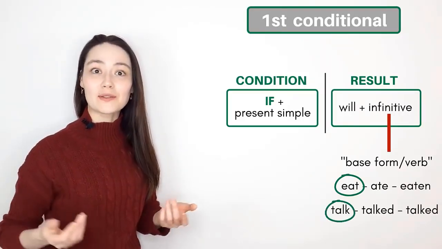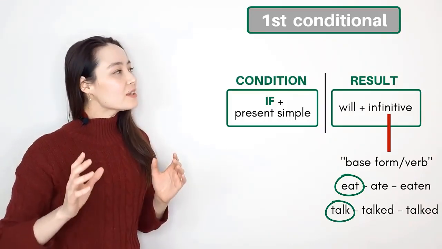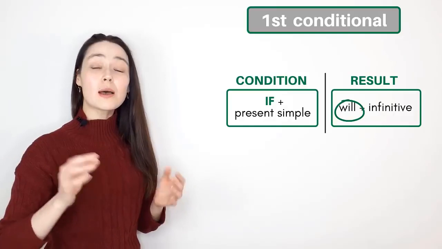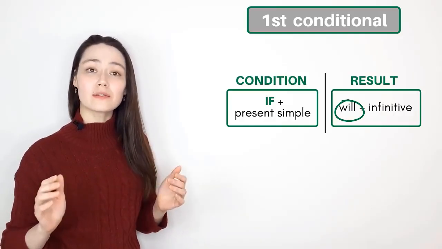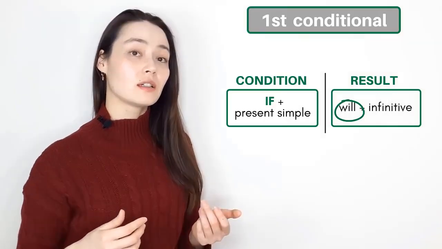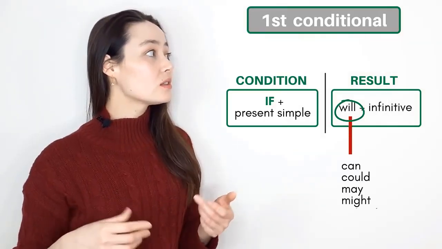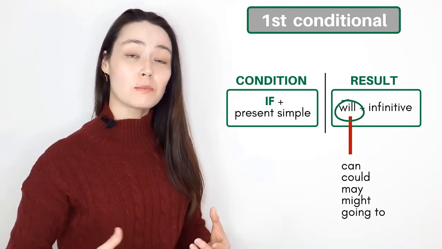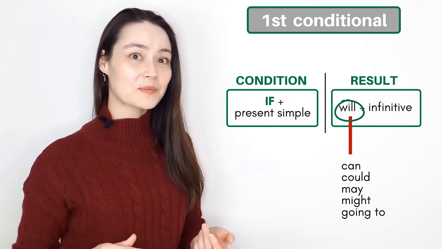Talk is also my infinitive. In the first conditional, you'll often see will plus infinitive, but other modal verbs are perfectly fine. Any modal verb that can give you that future feeling. Can, could, may, might. We can also use going to, because going to is a future form.